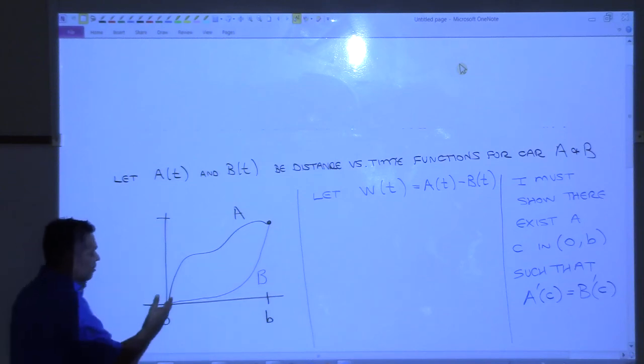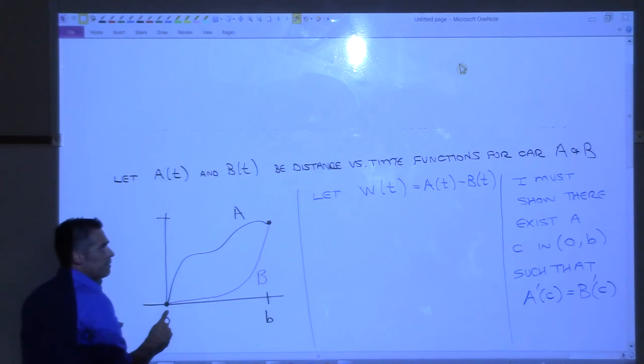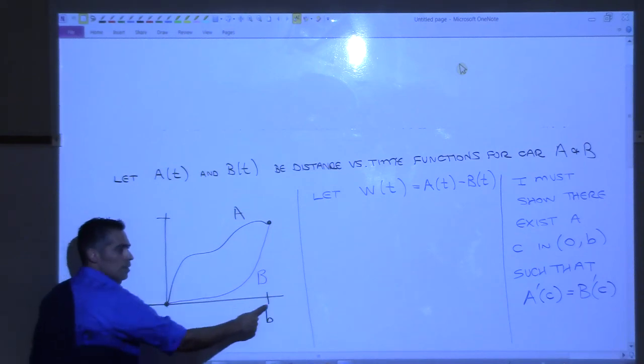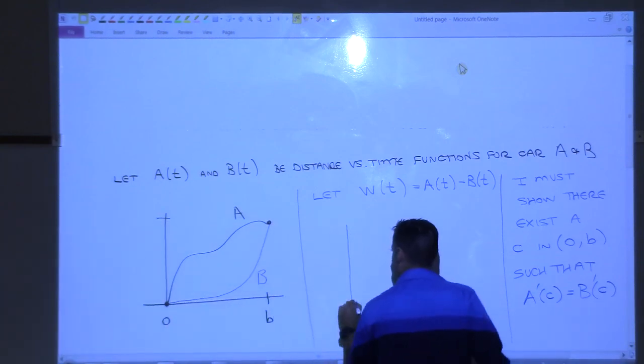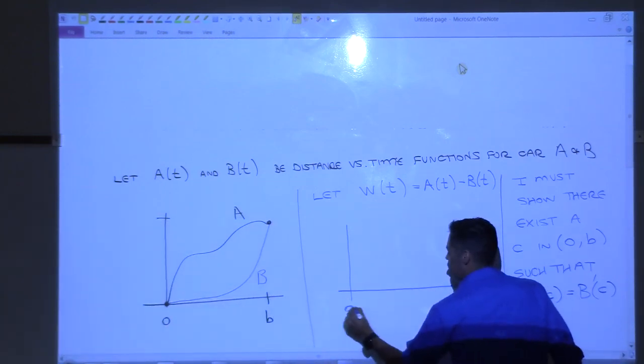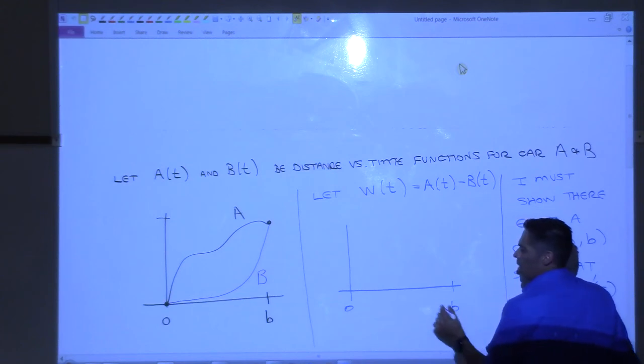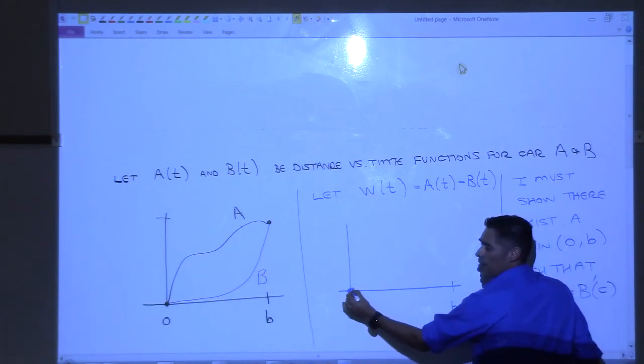So by looking at the graph right now, what would be the value of W at the beginning of the race? 0, right? What would be the value of W at the end of the race? 0. So let me draw you what W looks like. W looks like this. At 0 and at b. At 0, W is here, right?